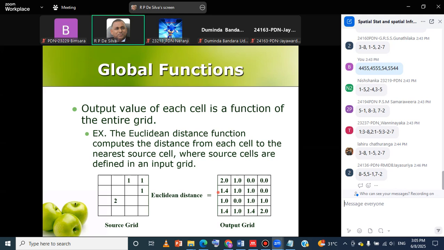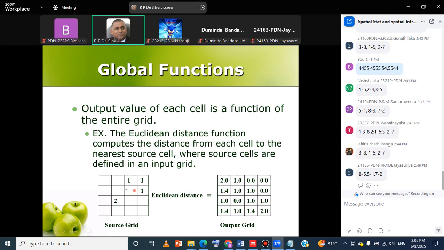Now, if you are asked to produce the output grid using Manhattan distance rather than Euclidean distance, it's very easy to find the distance. Where you have twos or ones, you don't need to change anything. Only where you have values of 1.4, you need to look at and change. So 1.4 is this cell.